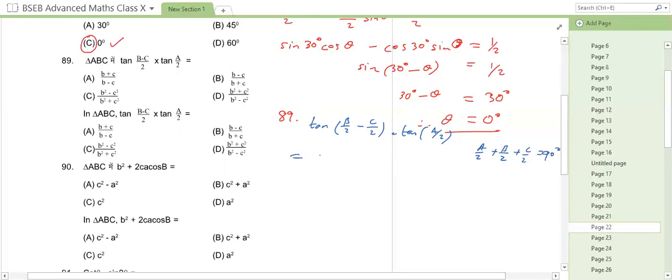Now, tan of B over 2 minus C over 2 times tan of A over 2. So we can say this is tan B over 2 minus tan C over 2 divided by 1 minus tan of, maybe that's not a good idea.